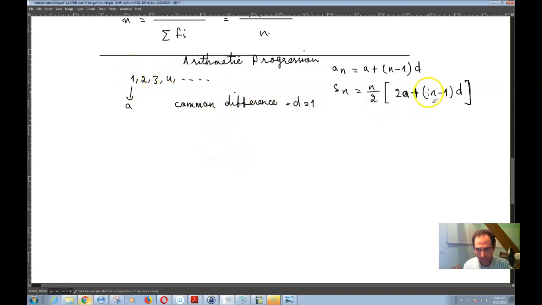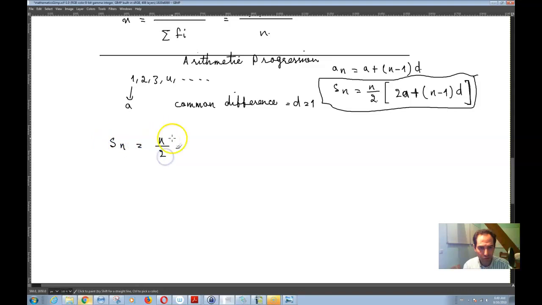Now, if I were to find the sum of n terms of this arithmetic progression, which would be the sum of the first n natural numbers, that would be s of n is equal to n divided by 2 times 2a, which is 2 times 1, which is 2, plus n minus 1 times d, which is equal to 1.